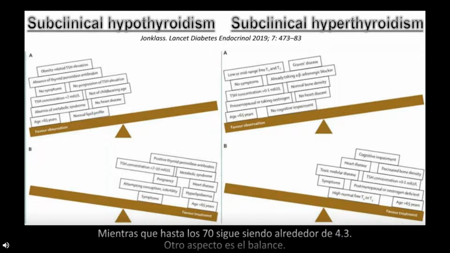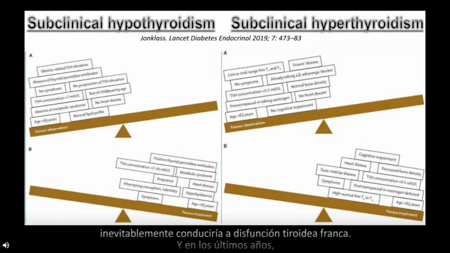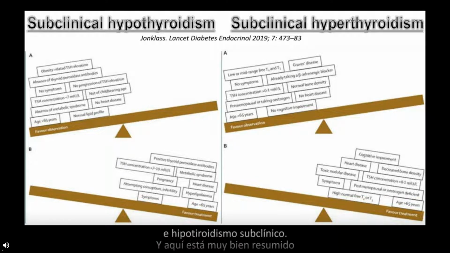Another thing is the ground has shifted. Previously, we used to think that subclinical thyroid dysfunction will always inevitably lead to overt thyroid dysfunction. And in the last several years now, there's an increasing trend towards not treating and observing patients with subclinical hyper and hypothyroidism. And this is very well summarized in this review in Lancet Endocrinology 2 years ago.